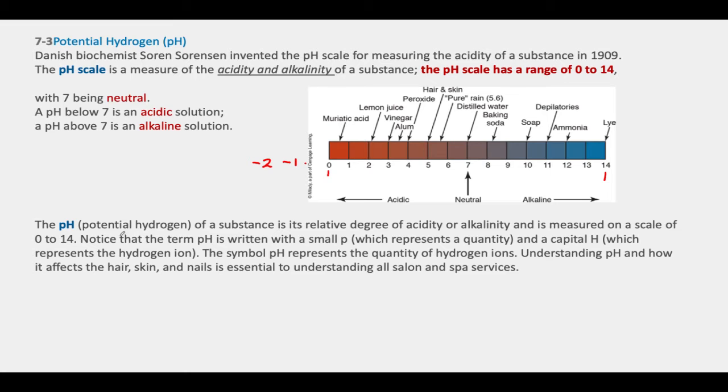Notice that the term pH is written with a small p, which represents potential, or represents the quantity, and a capital H represents the hydrogen ion. The hydrogen ion is H plus, and the symbol pH represents the quantity of hydrogen ion.